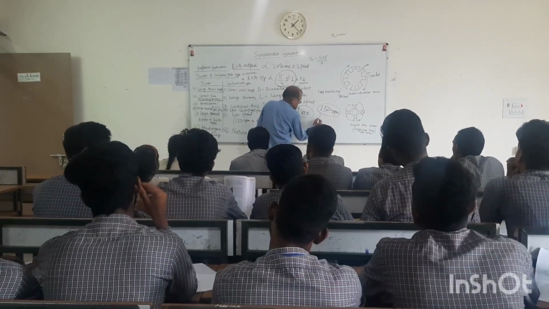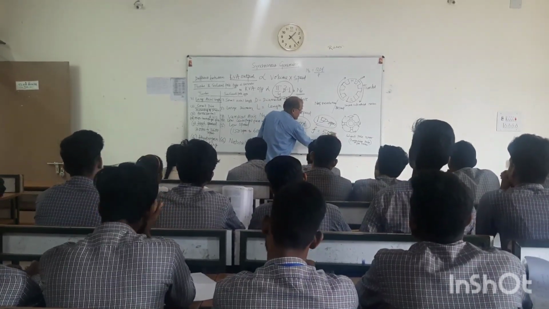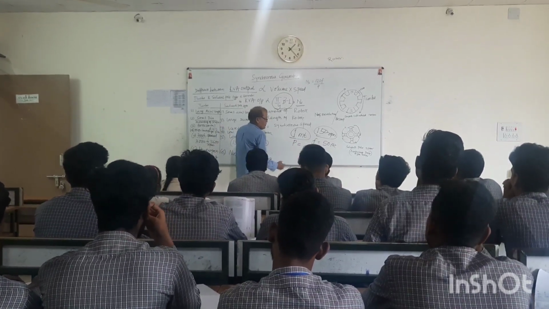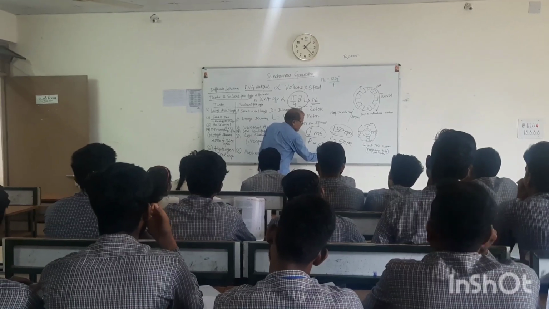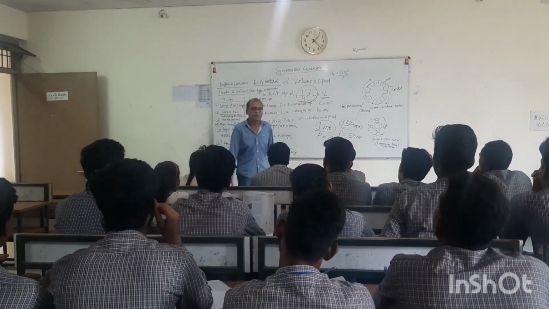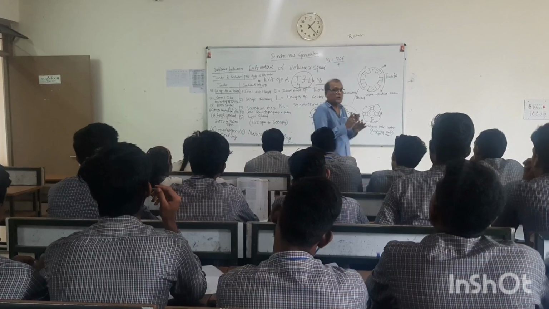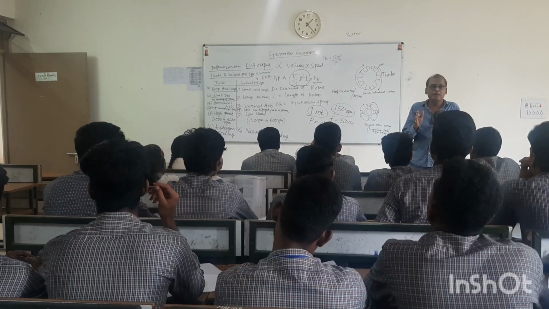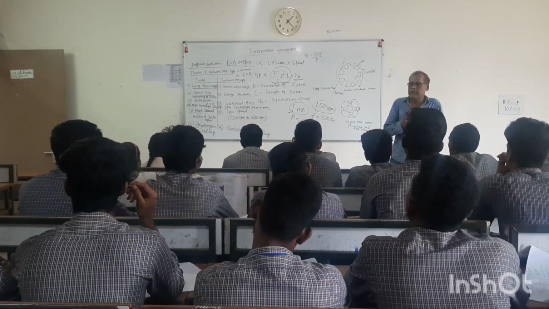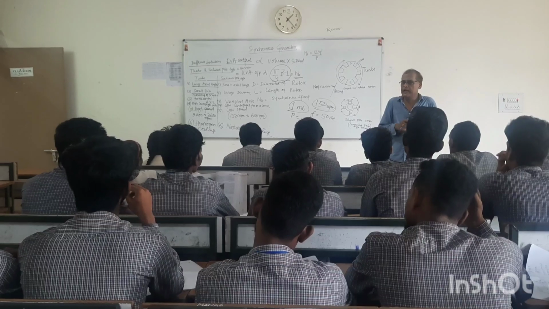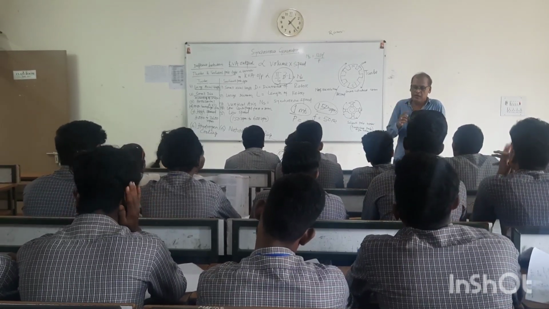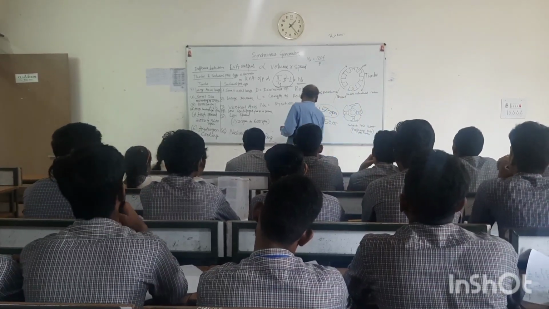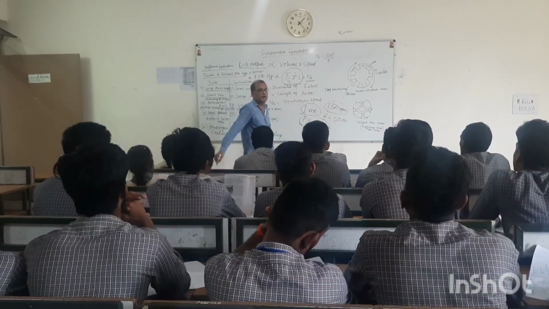To maintain the frequency of 50 Hz, we have to make the number of poles equal to 40, from Ns equals 120 f by P. F is 50 Hz, Ns is 150 RPM. We can't increase beyond that because the water head is limited, so we have to increase the number of poles.